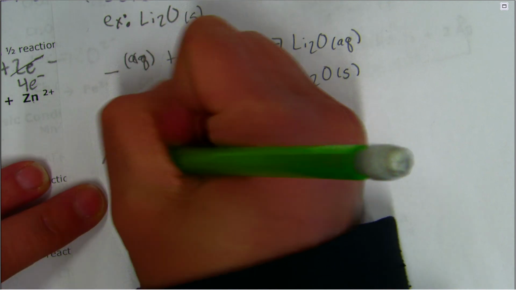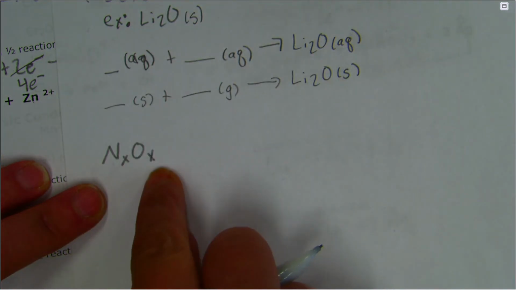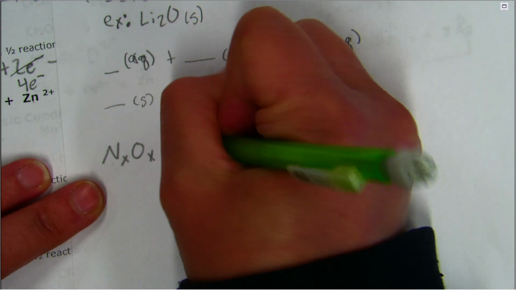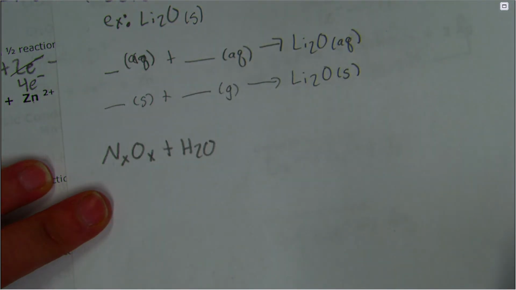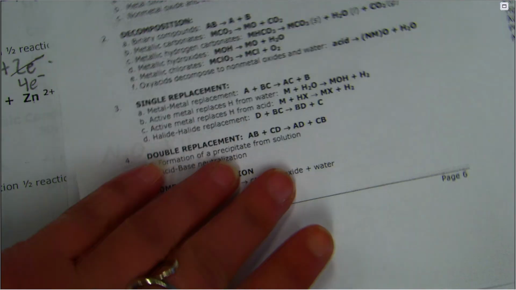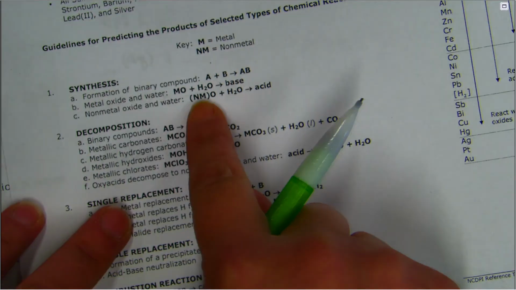Anytime we have a nitrogen with an oxygen, and this X just simply means whatever the subscript is, 1, 2, 3, 4, 5, with water. Okay? We know from our reference tables, a non-metal oxide plus water forms an acid.